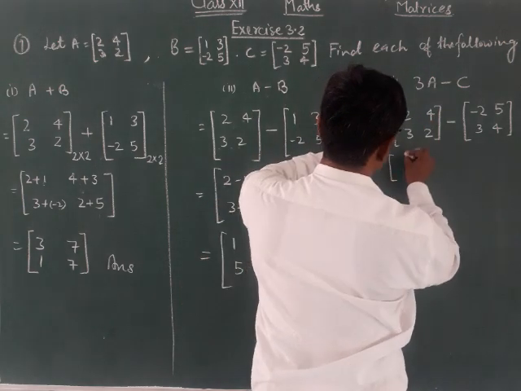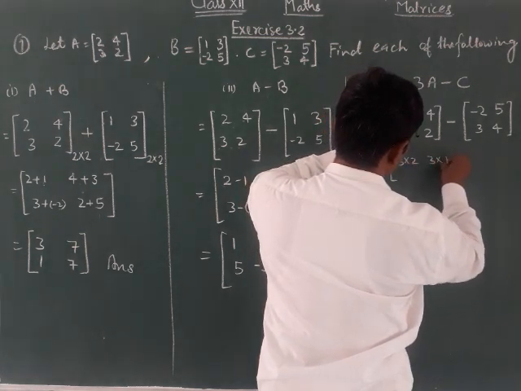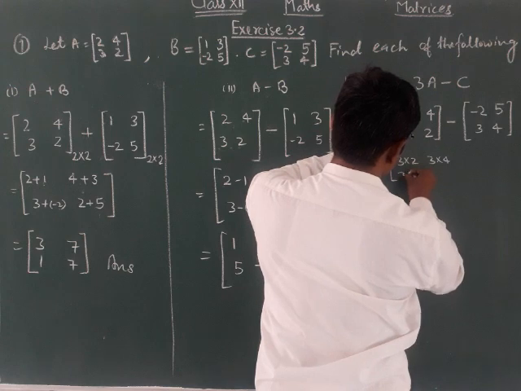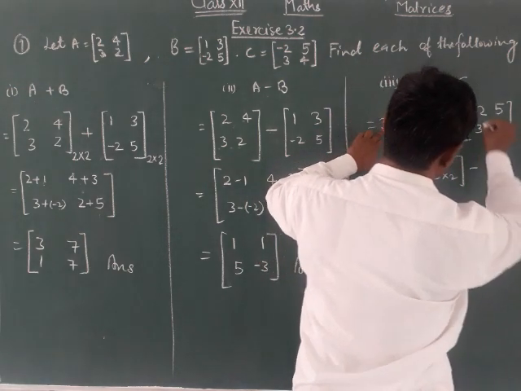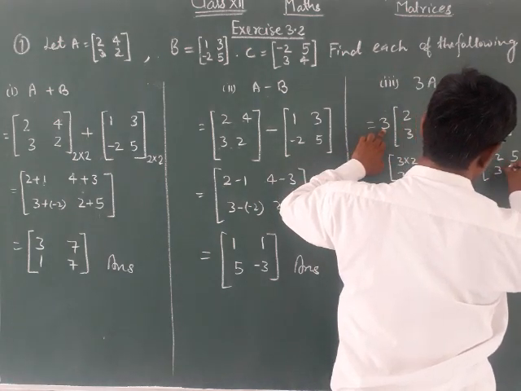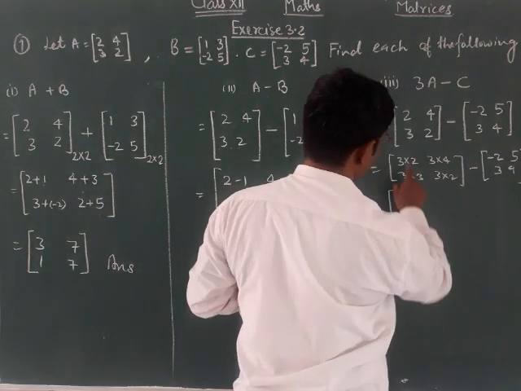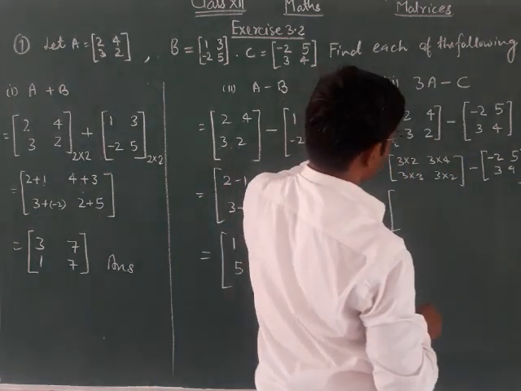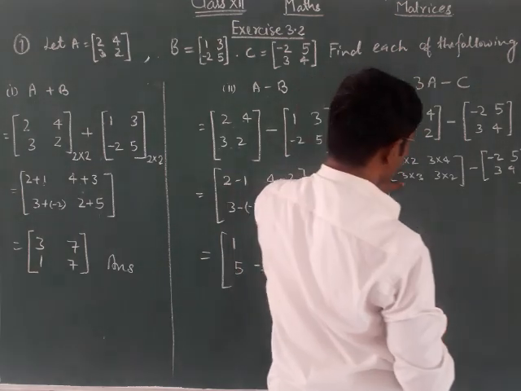So this is 3 into 2, 3 into 4, 3 into 3, and 3 into 2. Each element of this matrix is multiplied by the scalar.